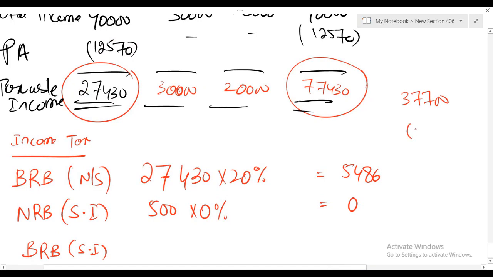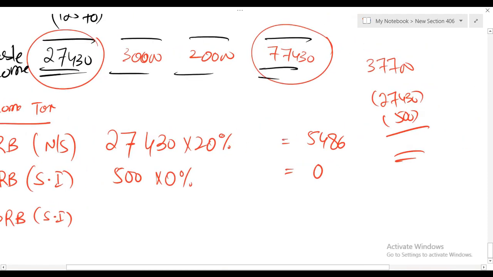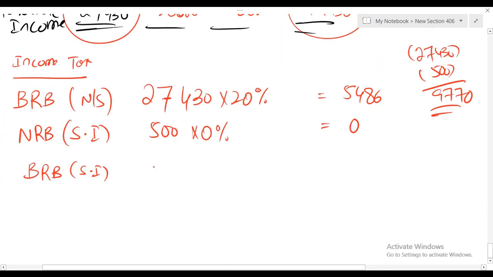Out of that, 27,430 we have used, 500 as well. So how much is left? 37,700 minus 27,430 minus 500. I'm getting 9,770. So in basic rate band, I still have 9,770 into 20%.